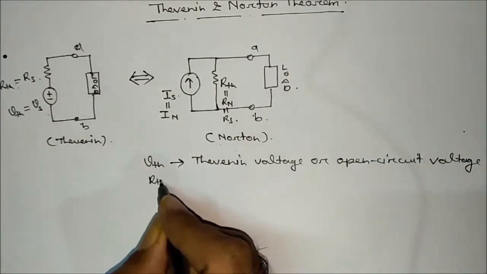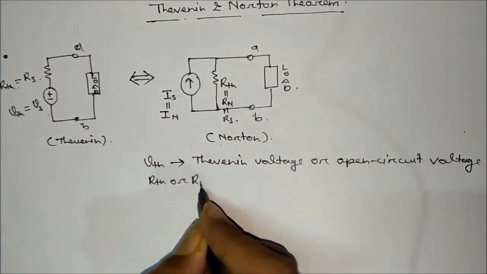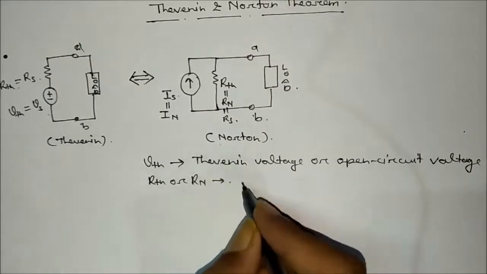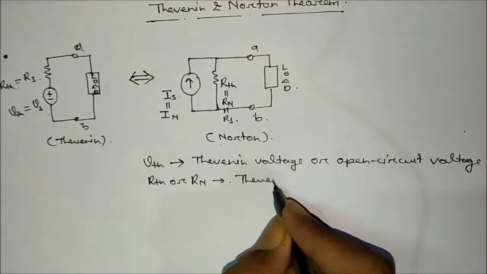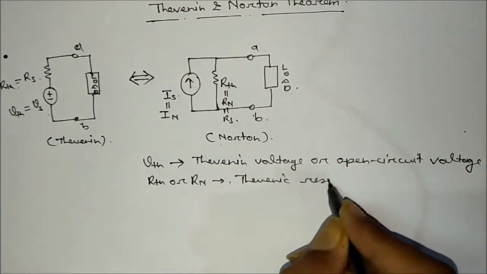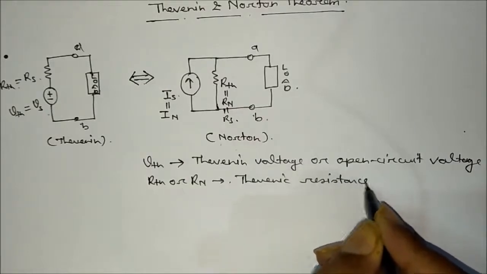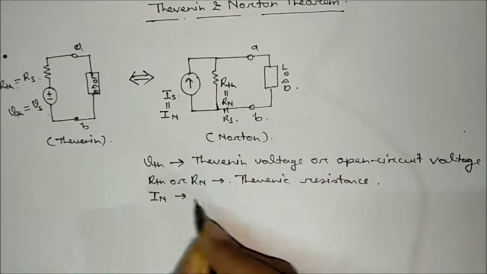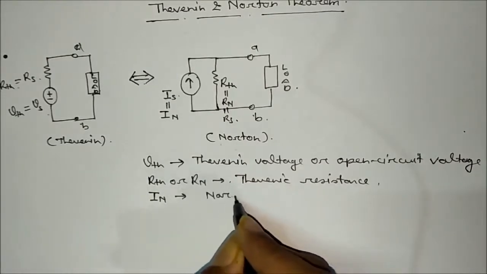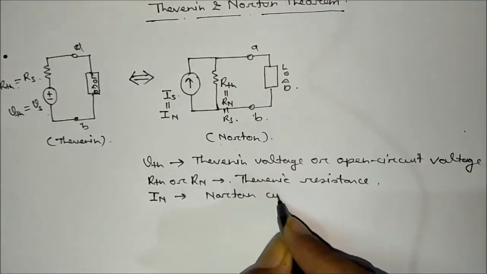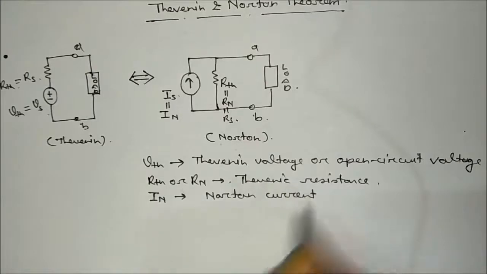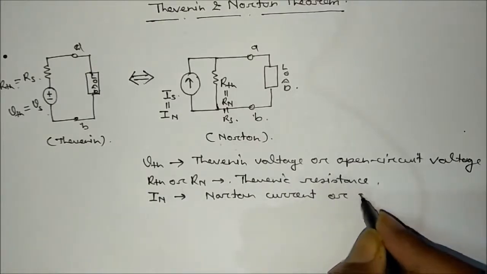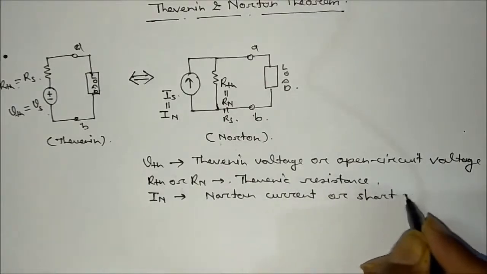Next one is Rth or Rn, known as Thevenin resistance. Similarly, In is known as Norton current, or short circuit current.